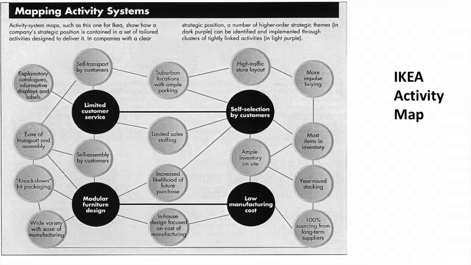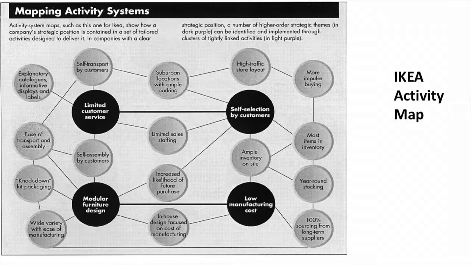So looking closely at the IKEA activity system, we see that the 4 key black circles that create great value: limited customer service, not a lot of people running around asking you what you would like and can we help you. Why does that create value? Reduces cost and sometimes reduces bother by salespeople whom we really don't need to bother us.